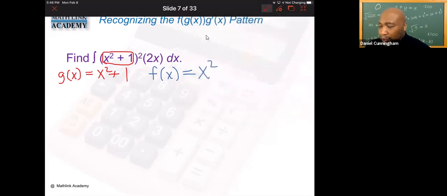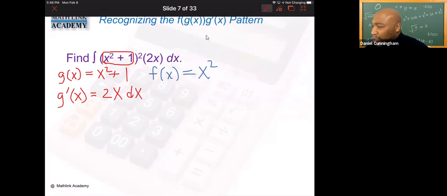Now, let's go back to our g of x. What's the derivative of g of x? The derivative of g of x is 2x. Now, in this case, how we can write it, we'll say is 2x, and I'll say for right now, dx. Technically, I'm a little off on that, but I'm just going to show you how we write it as that.